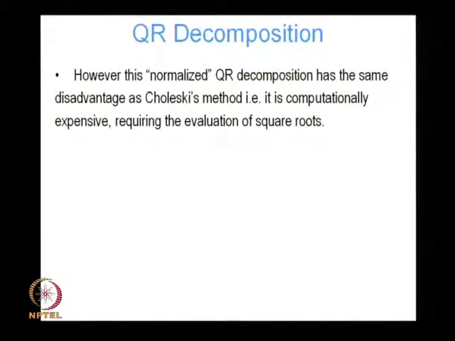This normalized QR decomposition has the same disadvantage as Cholesky's method. It is computationally expensive, requiring the evaluation of square roots. As soon as we have R transpose R, there are going to be square terms and we have to evaluate square roots.